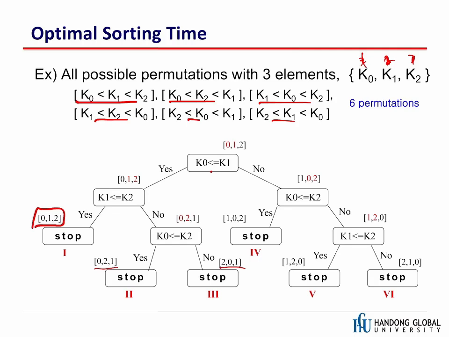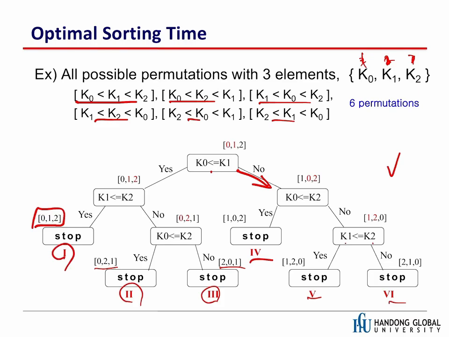Likewise, if K1 is smaller than K0, then we follow this direction. And then if K0 is smaller than K2, then we stop. We know the order. Otherwise, we have to compare K1 and K2. So by this tree, we have 6 permutations. 1, 2, 3, 4, 5, 6.